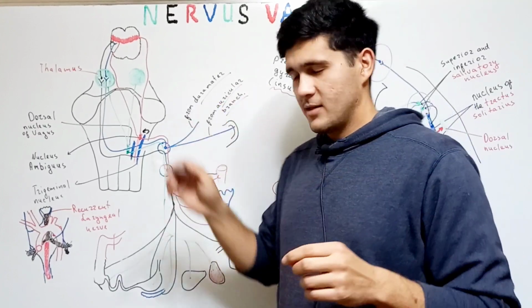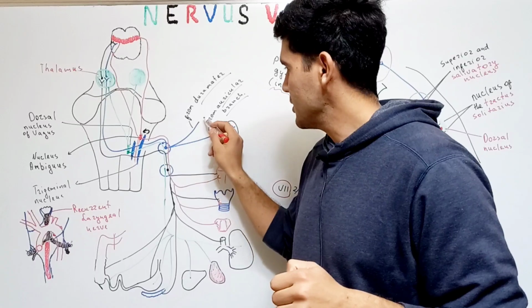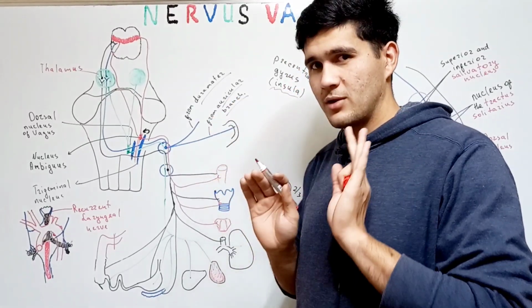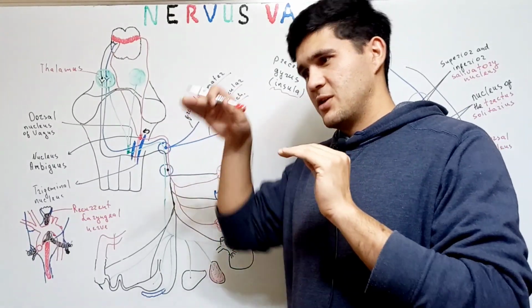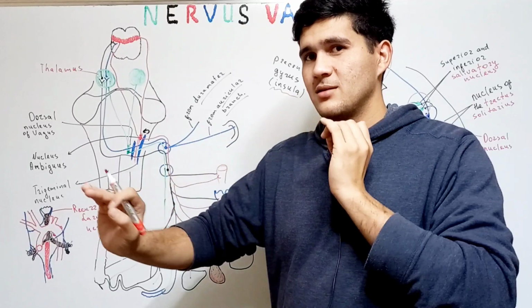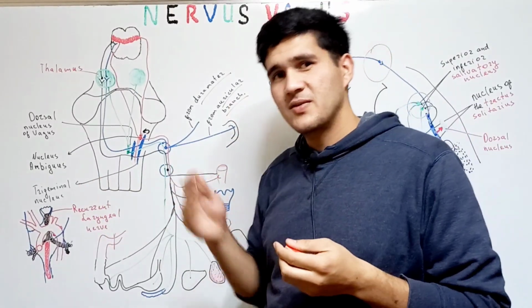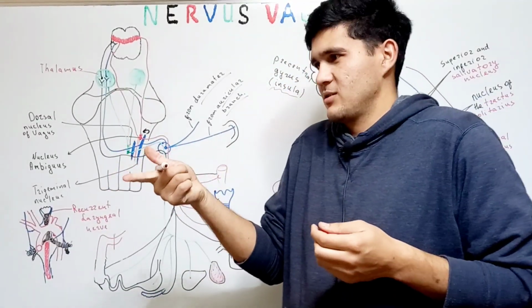From the occipital dura mater, this fiber receives impulses, and from the posterior and posterior inferior external ear, this auricular branch receives sensory impulses, more specifically temperature, pain and touch impulses.